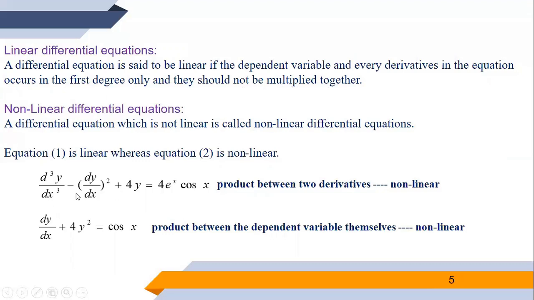So suppose this equation is given. Why is this equation non-linear? Because the degree of this derivative term is 2. So indirectly it is dy/dx into dy/dx, a multiplication of the derivative.